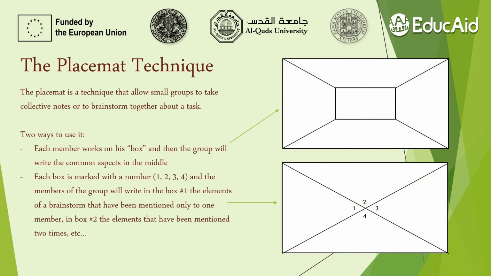Another technique is the placemat. The placemat is a technique that allows small groups to take collective notes or to brainstorm together about a task. There are two ways of using it. The first, like this one, has no numbers and a common area in the middle. Each member works on their part of the box.